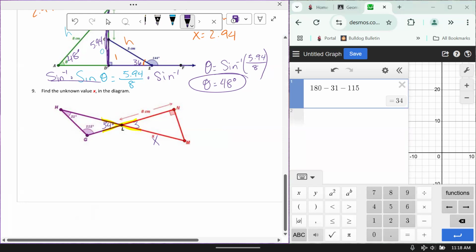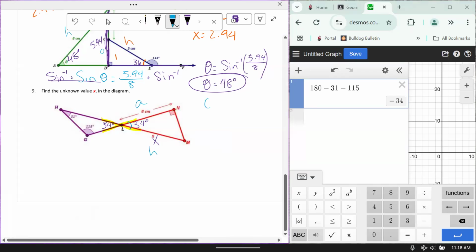So that means this guy is 34 degrees. Okay. Now, if we know one of our degrees in our red triangle, we can solve for x. So in reference to our 34 degree right here, we have an 8 centimeter, which is an adjacent, and we have x, which is our hypotenuse.